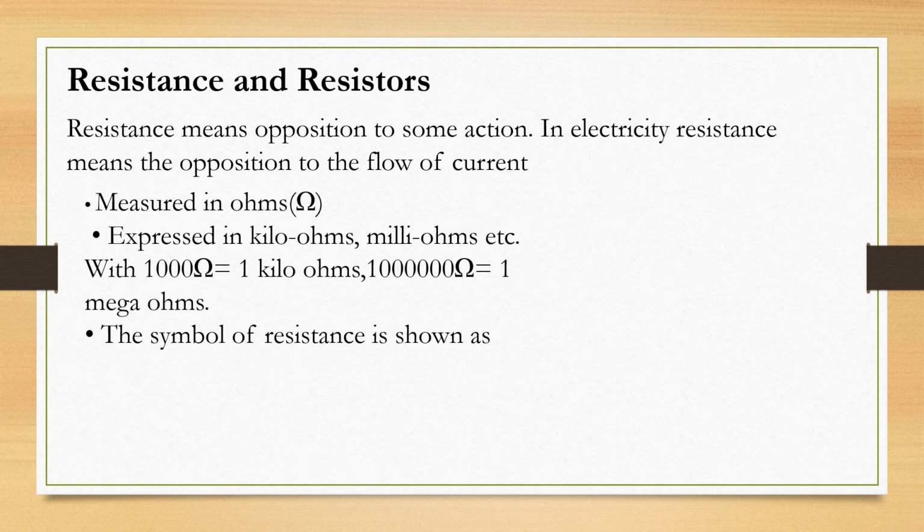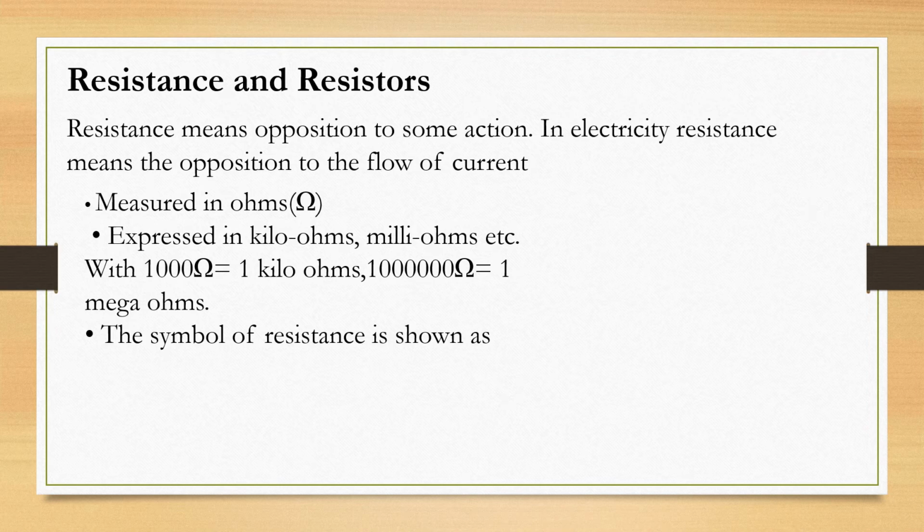It is measured in ohms, expressed in kilo ohms, milliohms, and others. 1,000 ohms is equal to 1 kilo ohm, and 1 million ohms is equal to 1 mega ohm.